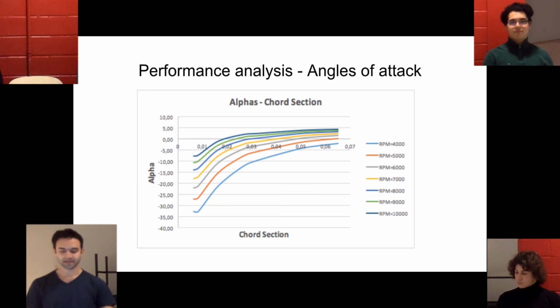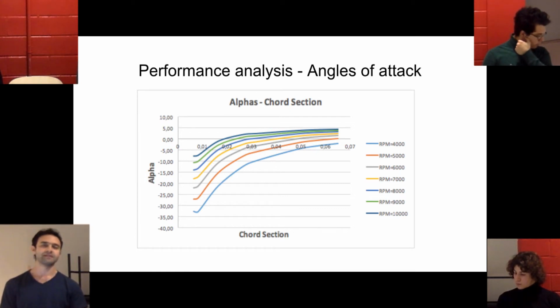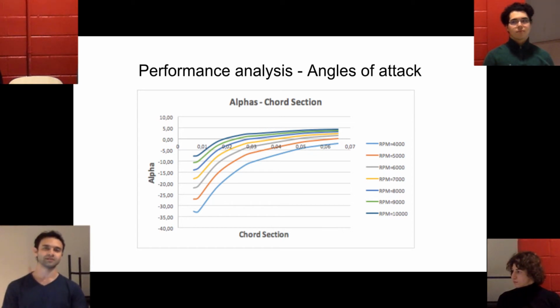Okay, in this graph, basically we can see the distribution of the angle of attack alpha along the radius of the propeller for different RPMs. We can see basically that at low RPMs, the alpha distribution is going to be almost negative along the radius. As we increase our RPM, these values start increasing as well, reaching positive values.